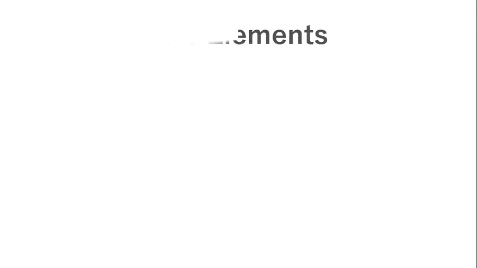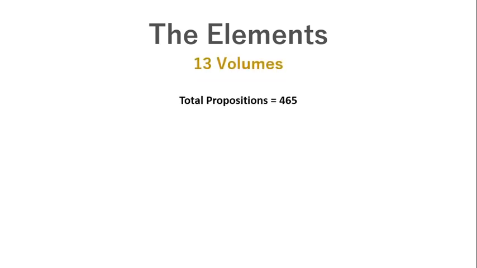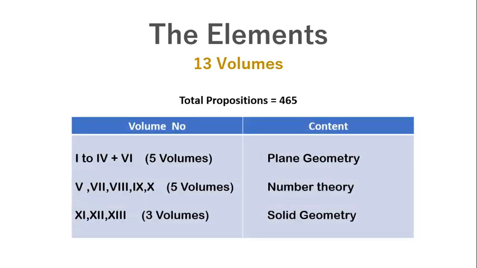Now, let me tell you in this slide, in 13 volumes, there are about 465 propositions. These are the volume numbers and the content. Perhaps we may be under the impression that the book Elements consists only of geometry.